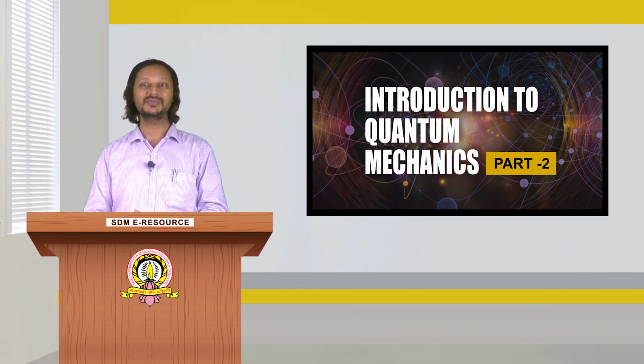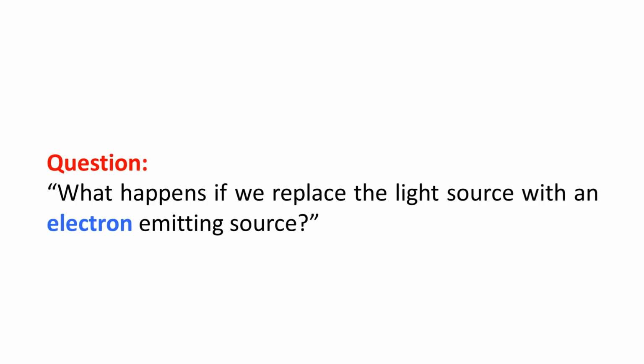To answer that question, let me ask another question. In the good old double slit experiment, what happens if we replace the light source with an electron emitting source, say an electron gun, like this? So here is the classic interference experiment.